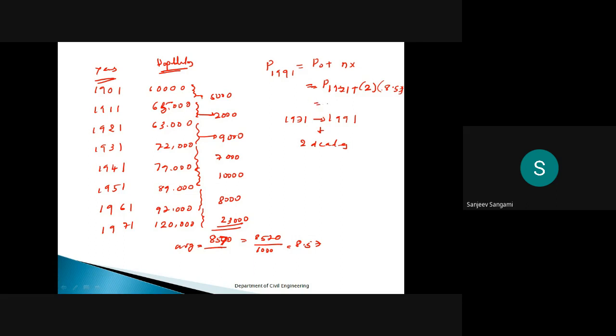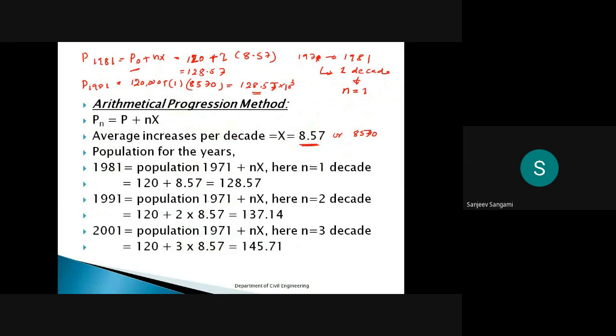So population in 1991 is equal to 120 plus 2 into 8.57. Why N is 2?